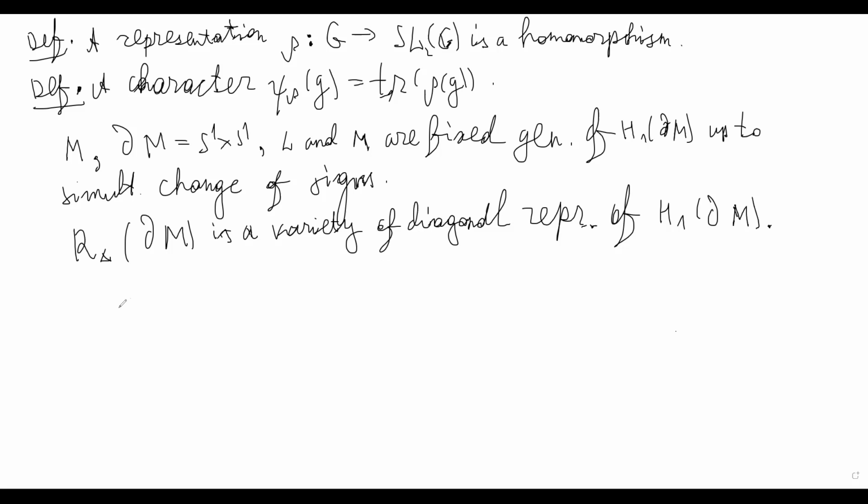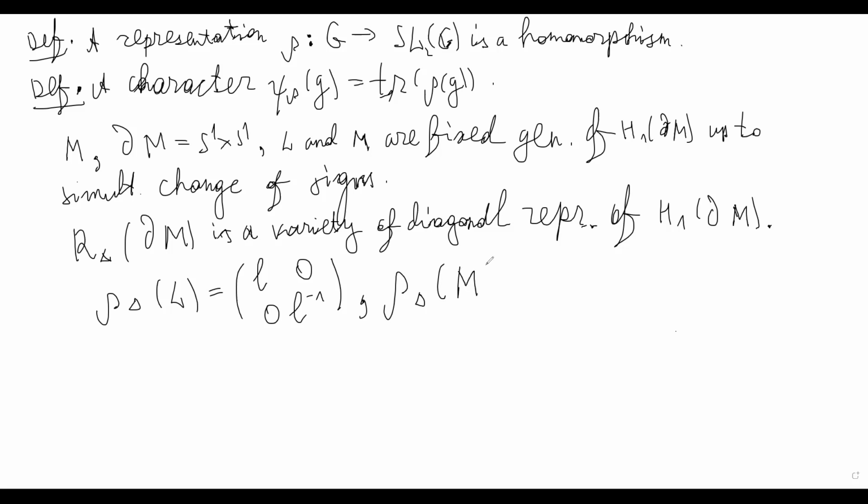It is given by the images of L and M. So rho diagonal of L will be, if we have lambda here, then here we have the inverse, and the image of M is again mu, 0, 0, the inverse element.